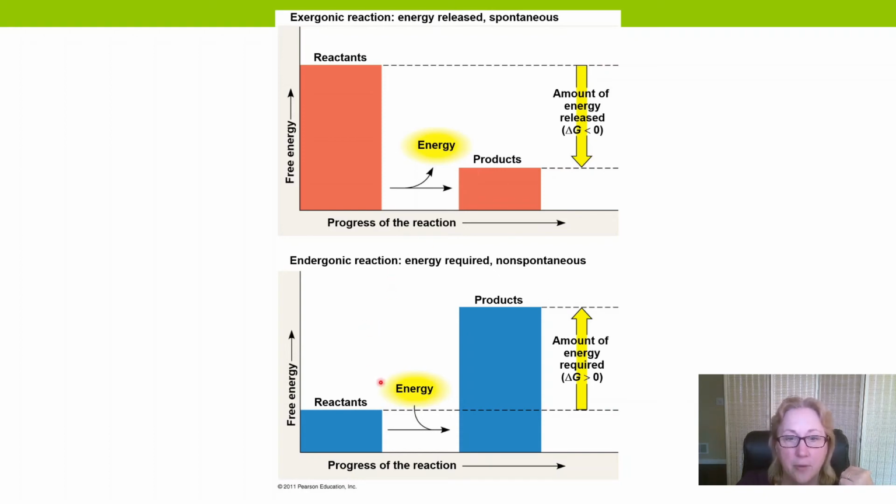For an endergonic reaction, we have low energy at the beginning and high energy in the product. So this would be, for example, photosynthesis. We have carbon dioxide and water, and we're going to make sugar out of it. Well, we have to add energy to that because sugar has a much higher delta G than carbon dioxide and water, which don't have any potential energy at all.